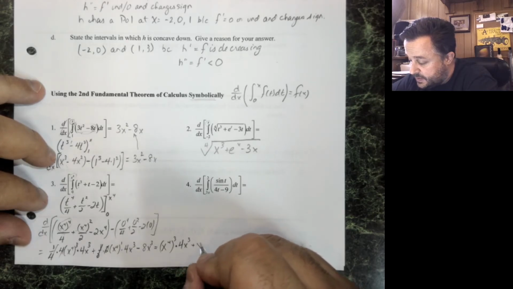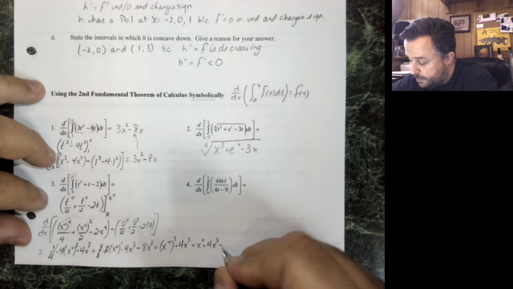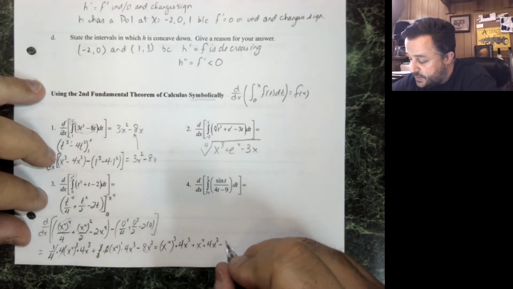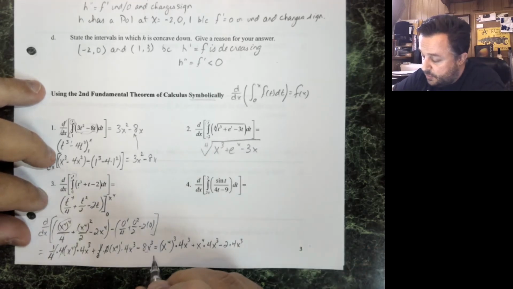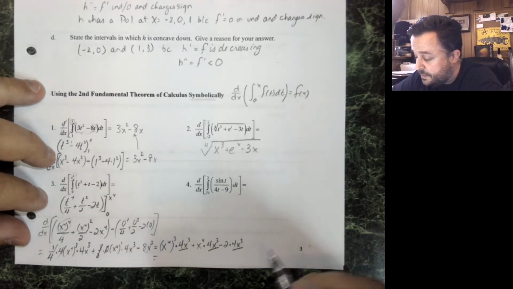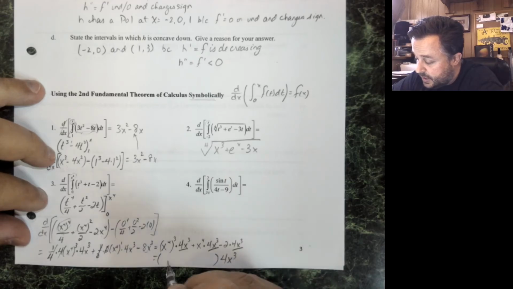I get plus x to the 4th times 4x cubed, minus, and I'm going to go ahead and rewrite this as 2 times 4x cubed. The reason being this: we have here now a common factor, which I can take out, which leaves me x to the 4th cubed plus x to the 4th minus 2.